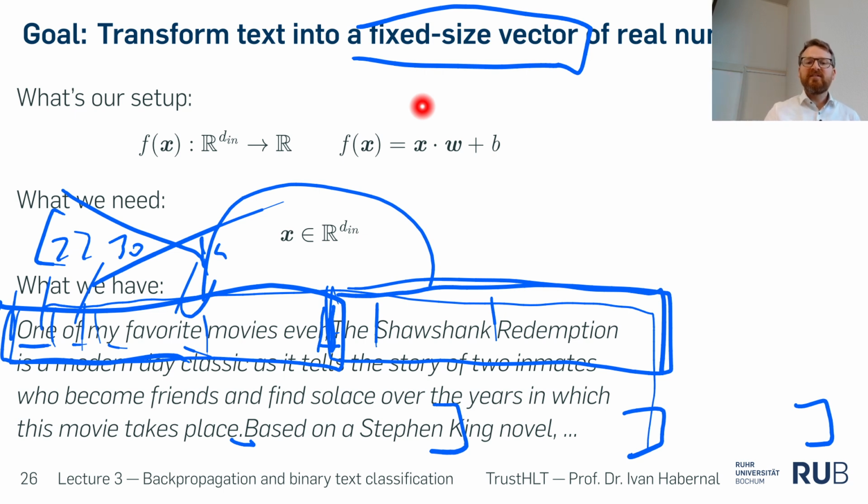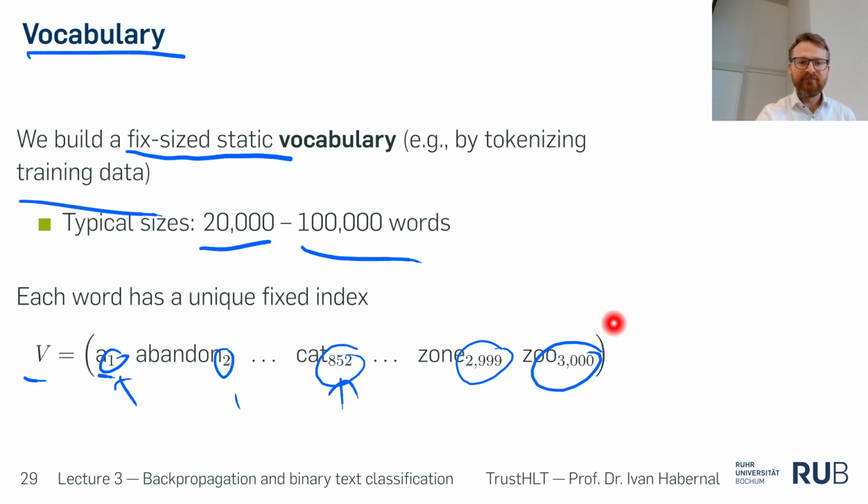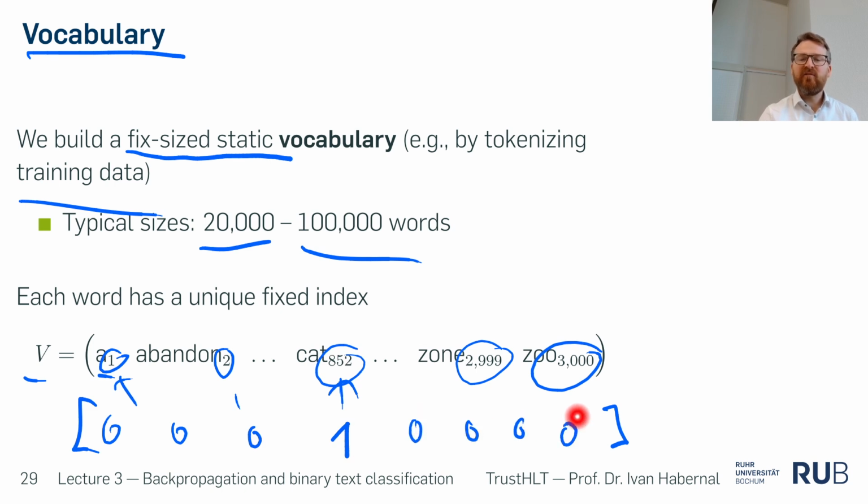What we're going to do instead is this. Each word actually has a fixed-size vector in our vocabulary. If I look at cat here, cat can be represented as a vector of all zeros, and at position 852 it is 1. This gives me a representation of cat in the vocabulary.